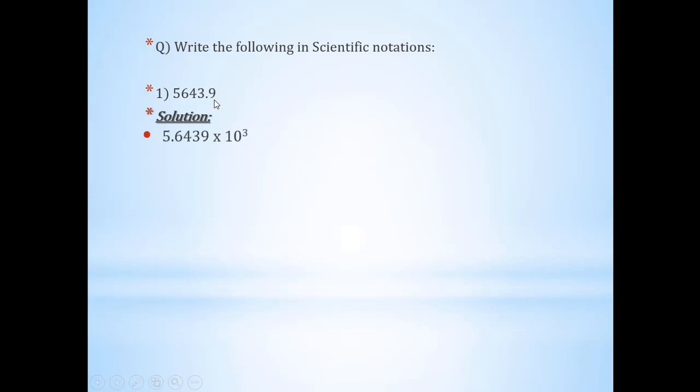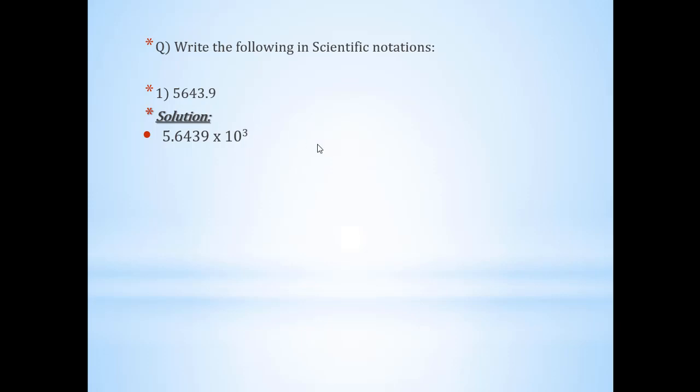This is the scientific notation for this value. As we learned in the previous slide, whenever a value starts from any number other than 0, the exponent or power should always be positive. You just have to count the digits before the decimal point and subtract 1 from it. There are 4 digits, and when we subtract 1 from it, we get 3, which is the positive exponent.